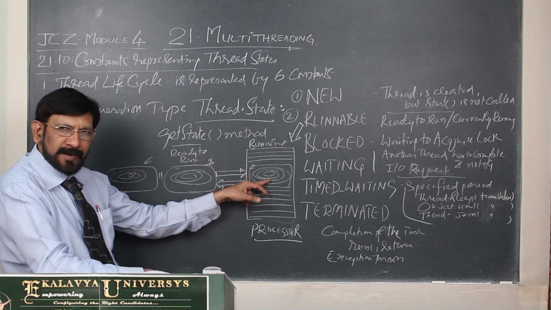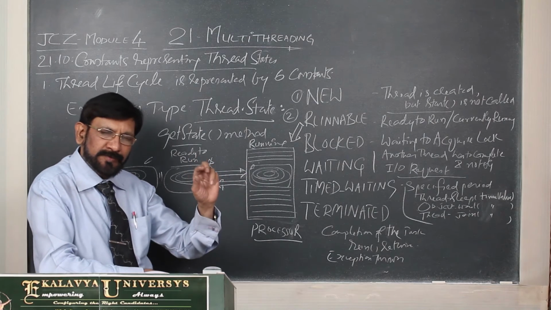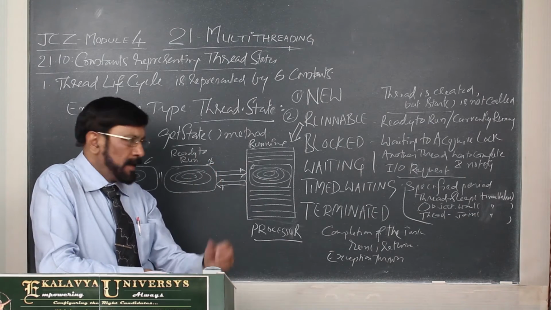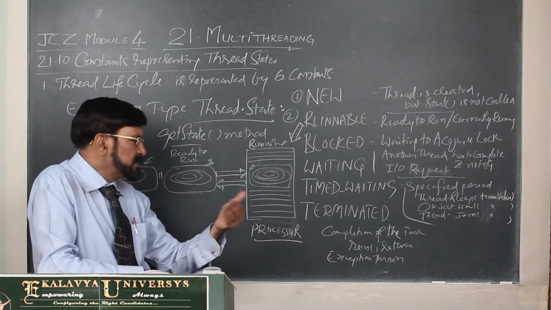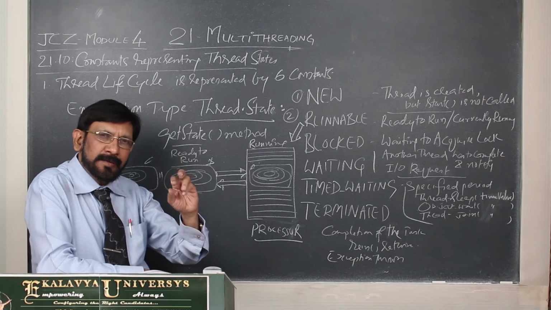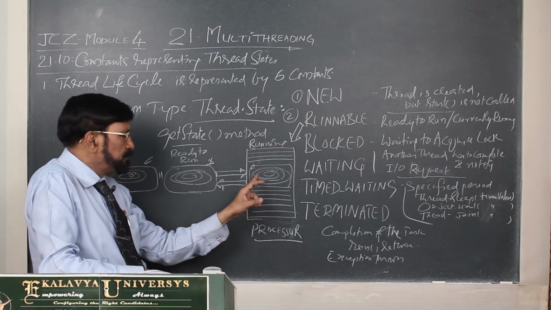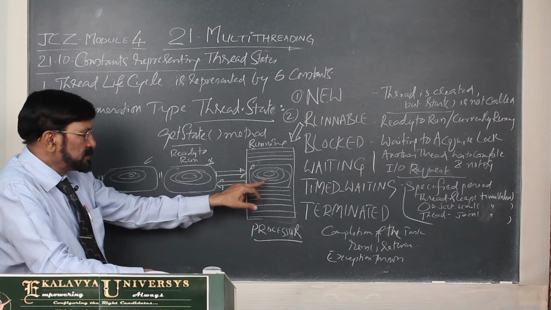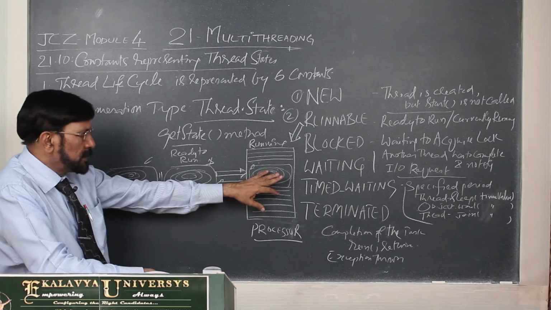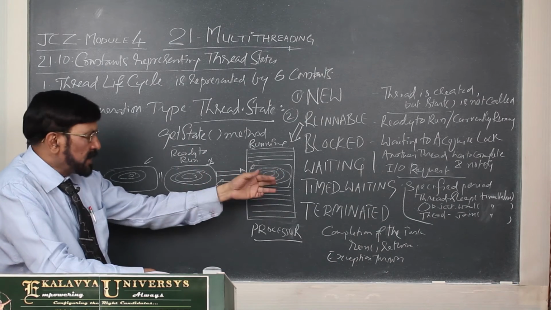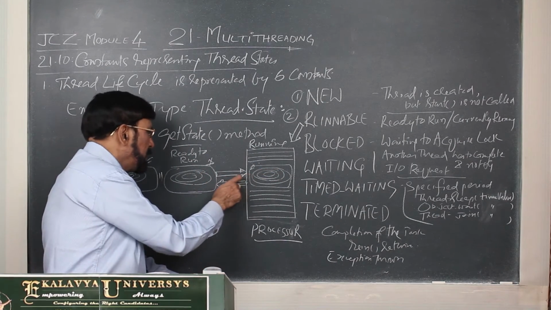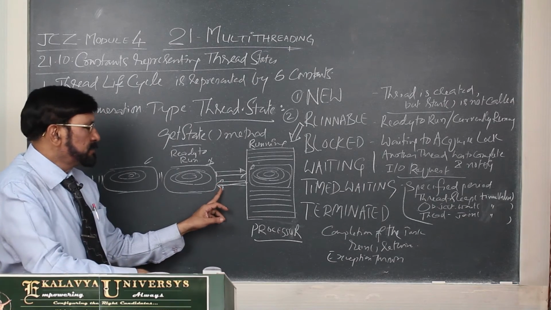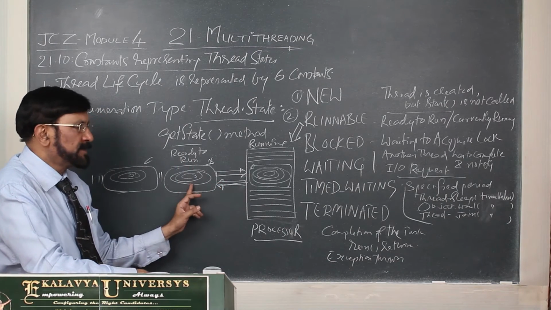But suppose it actually requires 20 units of time, and under the time slicing scheme it got 10 units of quantum. After the 10 units are availed, part of its task is performed, then it comes back to the ready to run state.